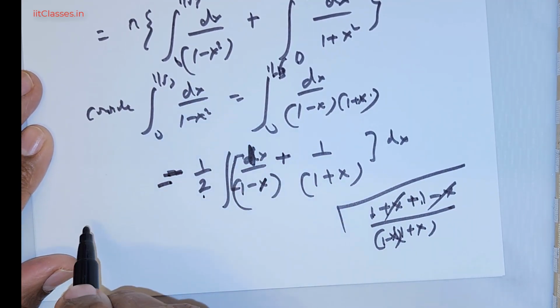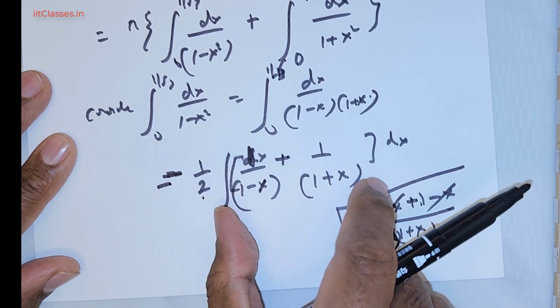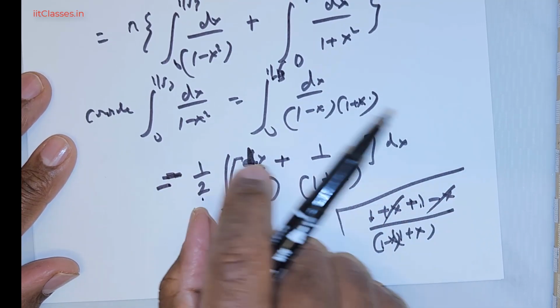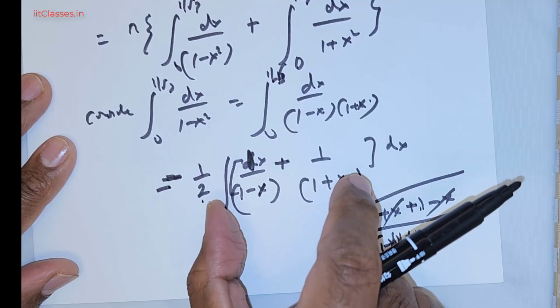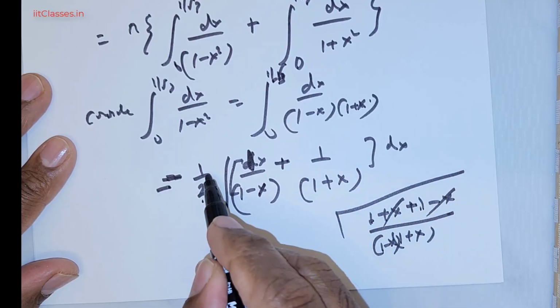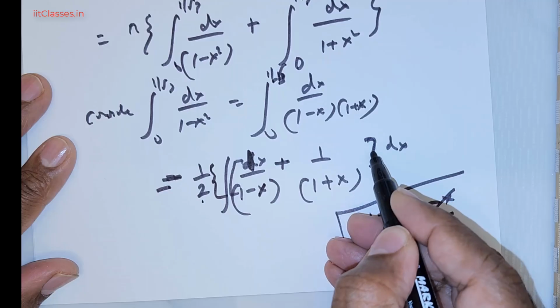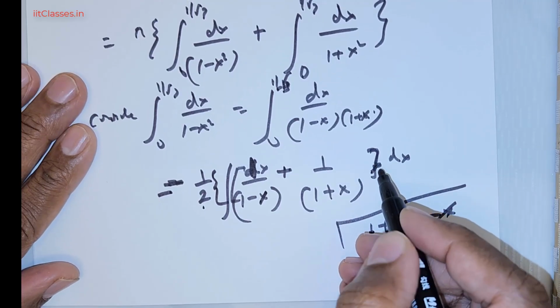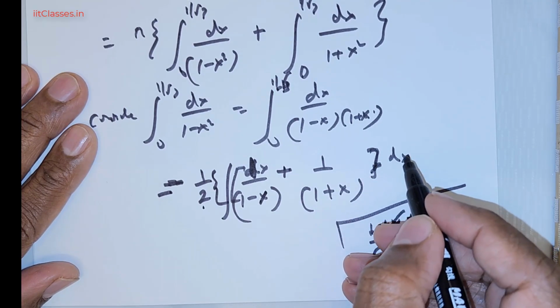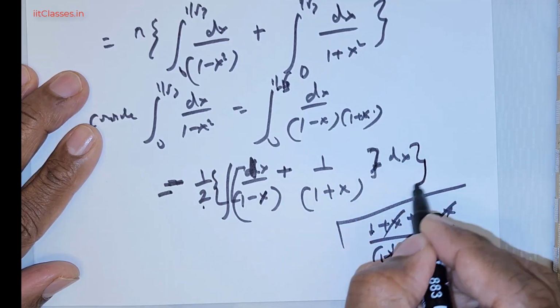So this is going to be our integral. This is rewritten in this fashion, okay? Of course you have a parenthesis there. So what I wish to do is bring this dx inside.